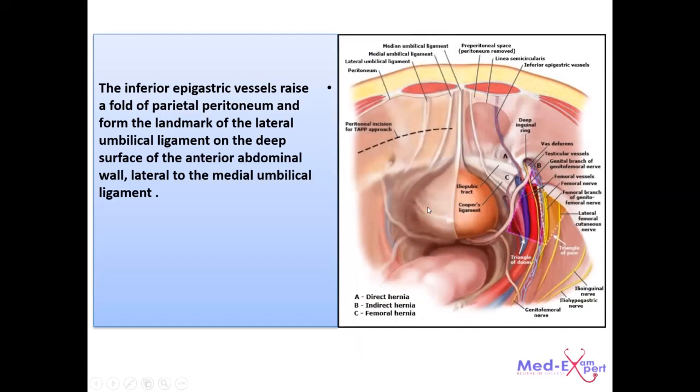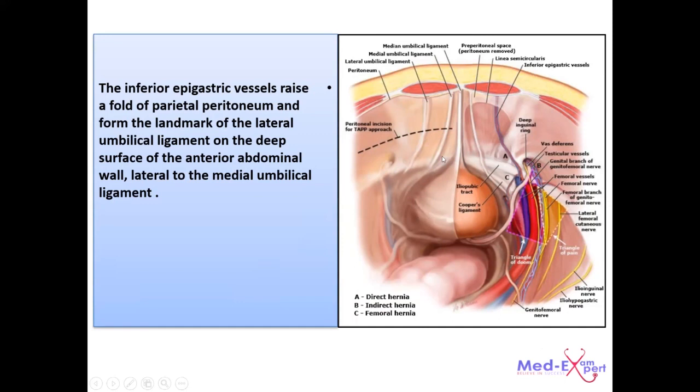This fold is actually used as a landmark, okay? The inferior epigastric vessel raises a fold of parietal peritoneum and forms the landmark of the lateral umbilical ligament on the deep surface of the anterior abdominal wall, lateral to the medial umbilical ligament, okay?